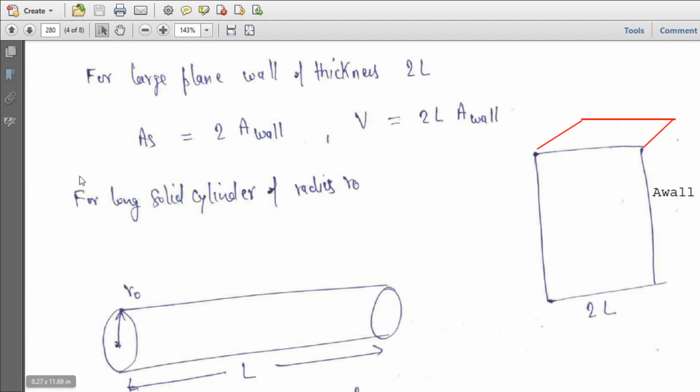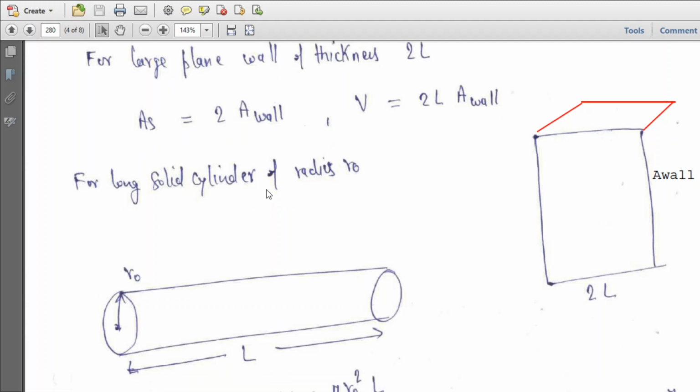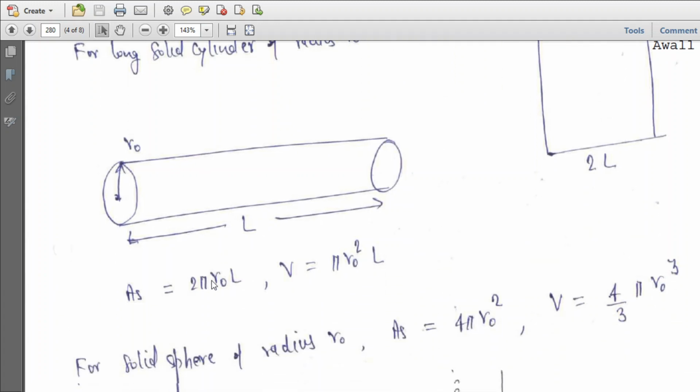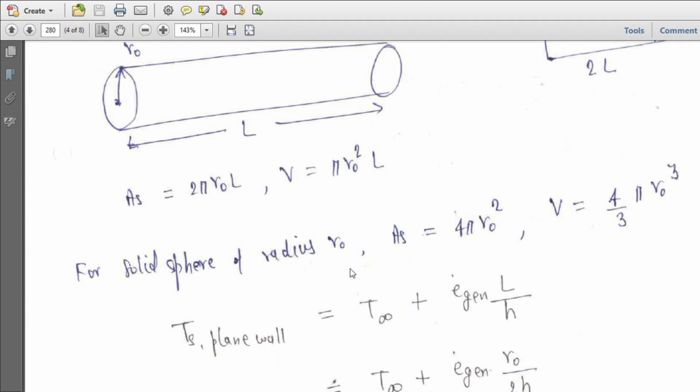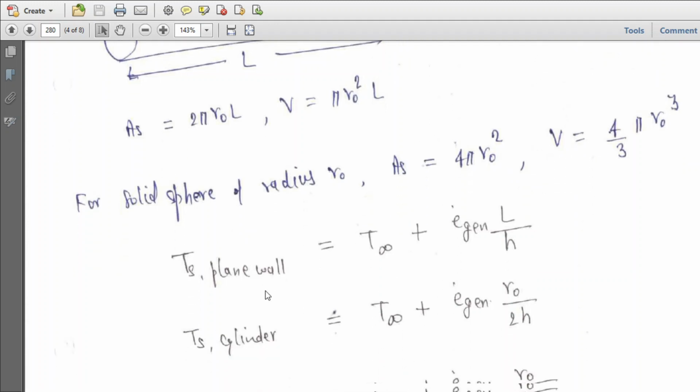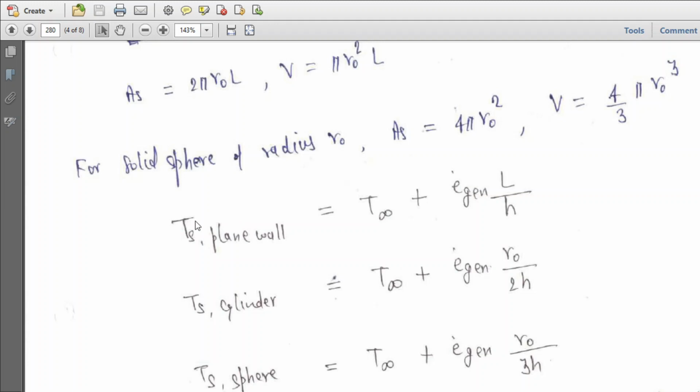In case of a long cylinder of radius R0, the surface area is 2 pi R0 L, and volume would be pi R0 square L. In case of a sphere of radius R0, the surface area is 4 pi R0 square, and volume is 4 by 3 pi R0 cube.